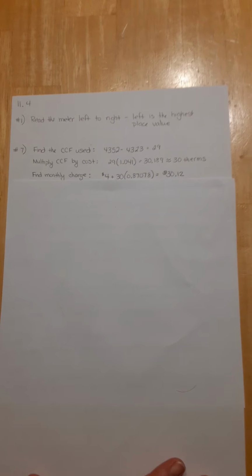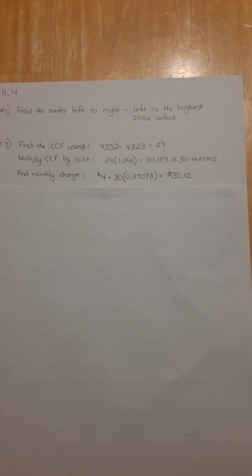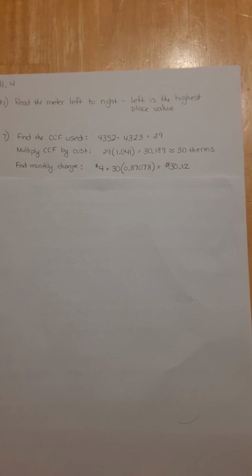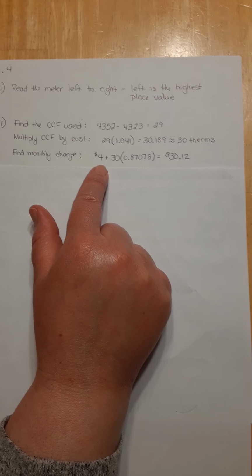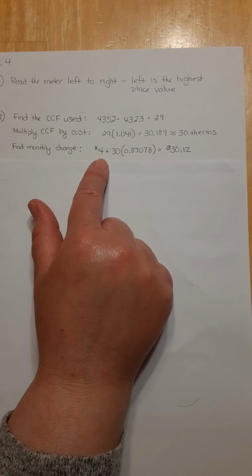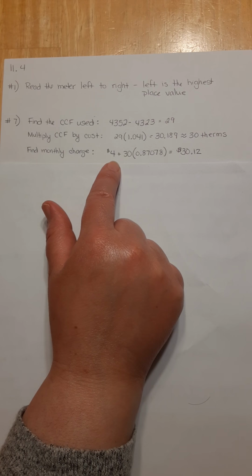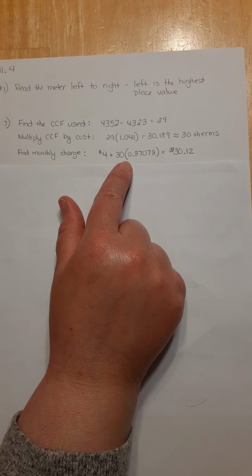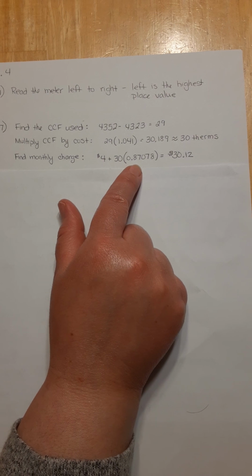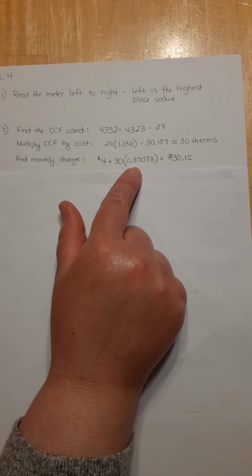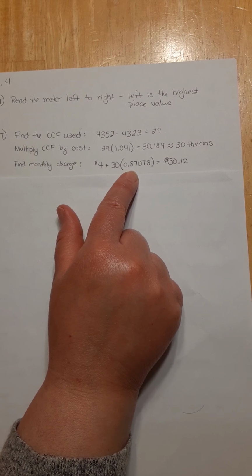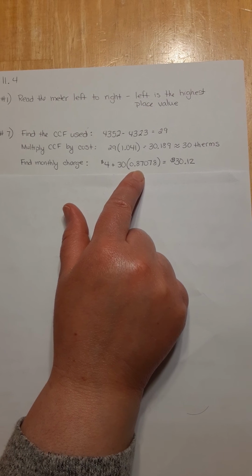Now that I've got the therms, I look to my chart on page 416 at the top again, and it tells me the account number, and it tells me which rate I am going to use: 0.87078. Anything in our instructions that says accounts ending with the numbers -01 are year round.